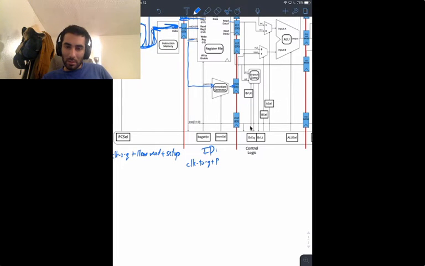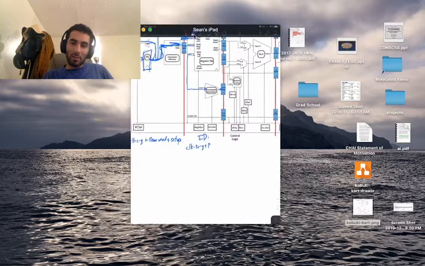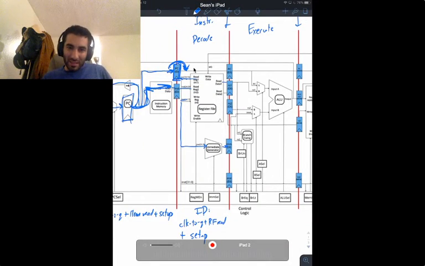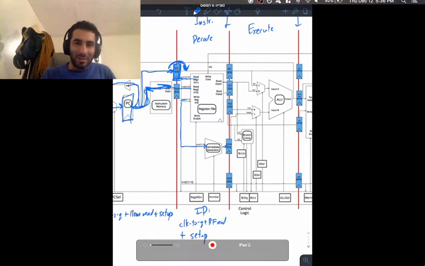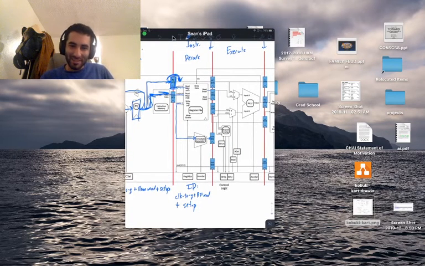Seems I'm lagging a bit again. This is what I get for using free software. Okay, wonderful. All right, next. I apologize. Give me one moment. Let me figure out why this is taking so long.